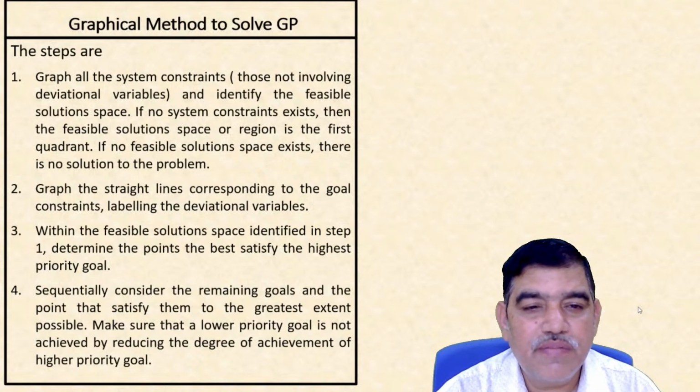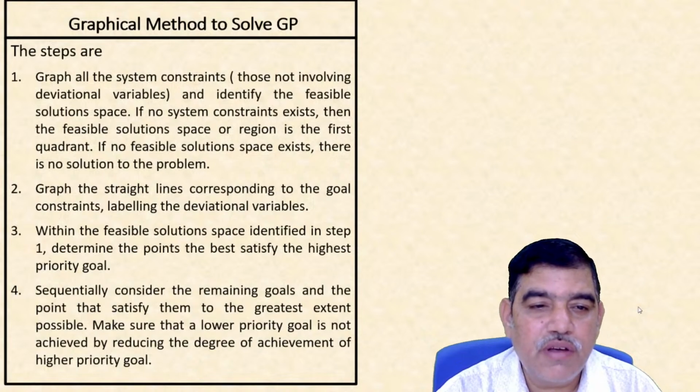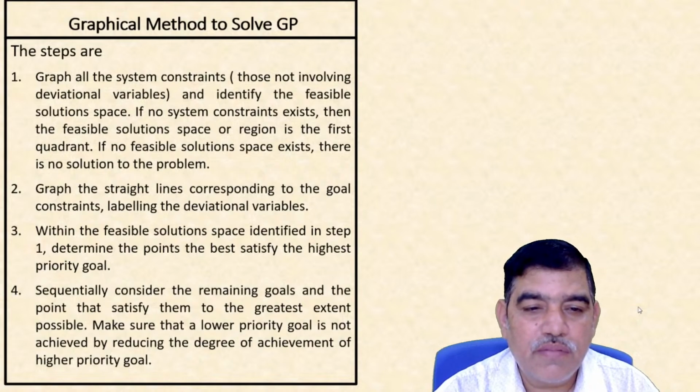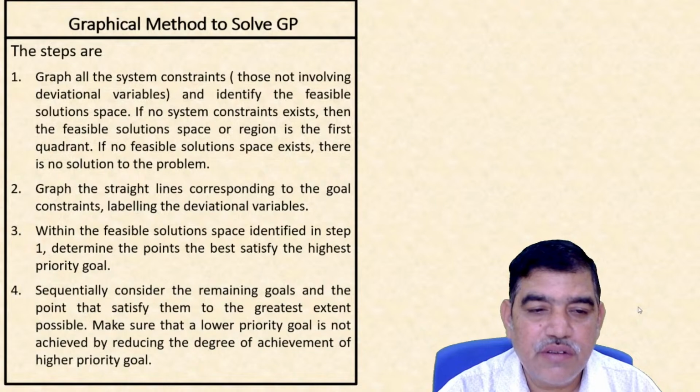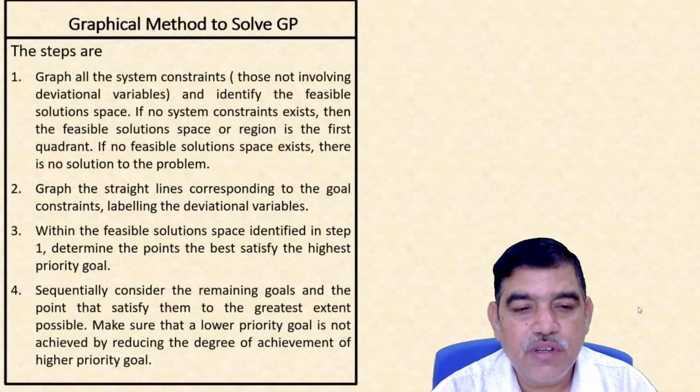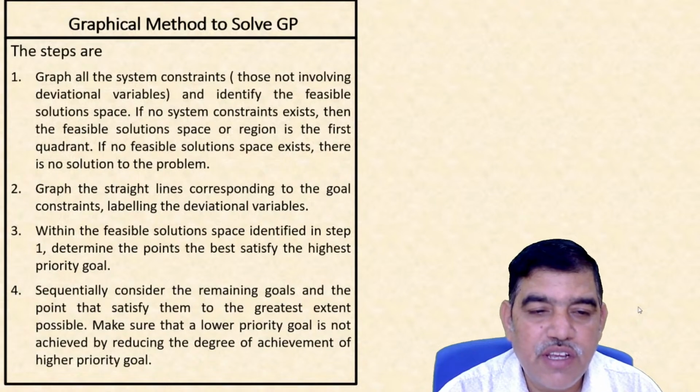In LPP, the linear programming problem, we solve the LPP problems by using the graphical method. What are the steps in the graphical method? First, all the inequality equations are converted into equality equations. Let us consider, suppose I am writing: maximize z equal to x1 plus x2.